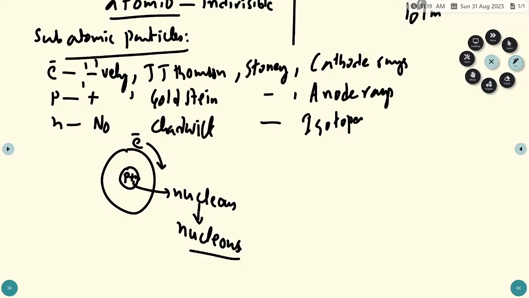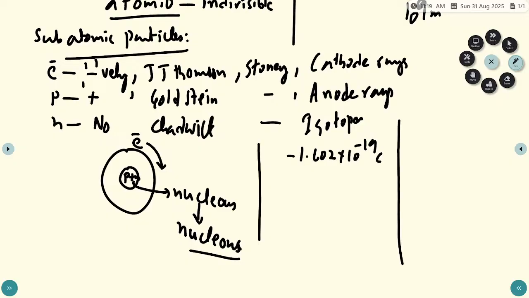The charge of an electron is minus 1.602 into 10 to the power of minus 19 coulombs. And what is the charge of a proton?